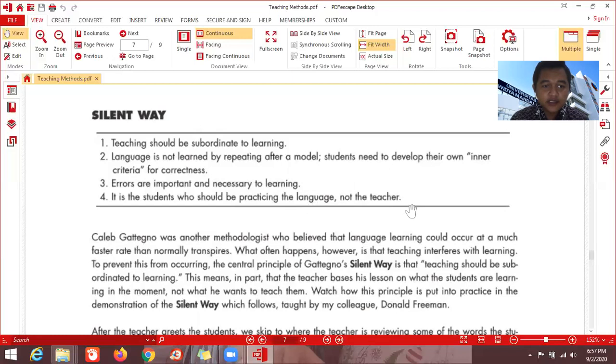And the last point, it is the student who should be practicing the language, not the teacher. Although this sounds very clear, very obvious, not many teachers realize this. Sometimes the teachers emphasize, oh, you should practice this one, you should practice that one. You know what? By the end of the day, the one who does the practice is the teacher.